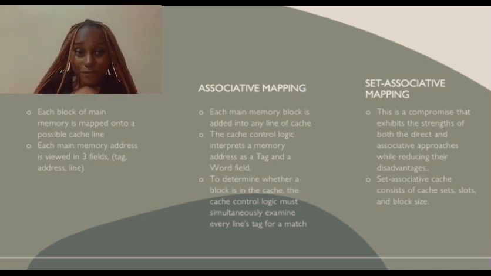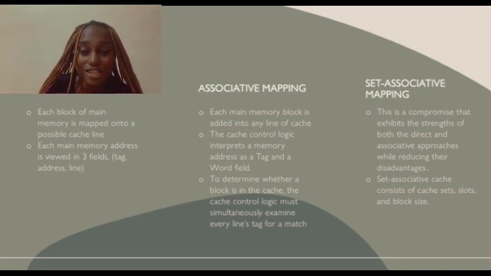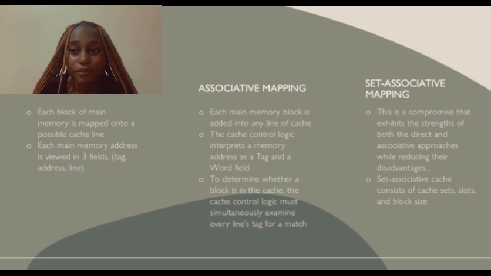Set associative mapping. This is a compromise between the direct and associative mapping. It exhibits the strengths of both while reducing their disadvantages. Here the cache is divided into sets, slots, and memory blocks, I think.